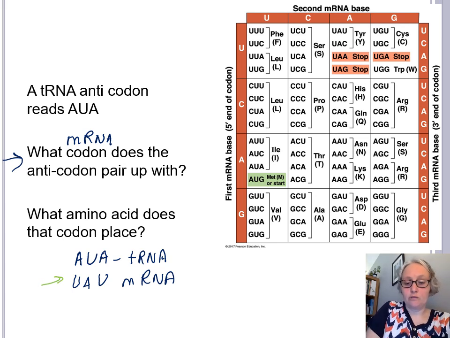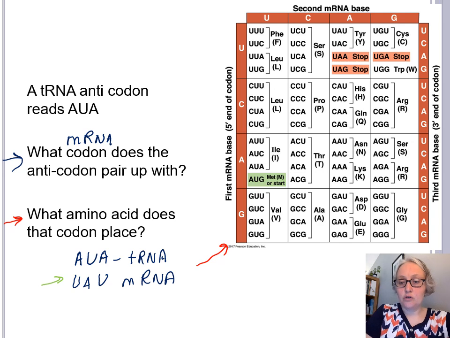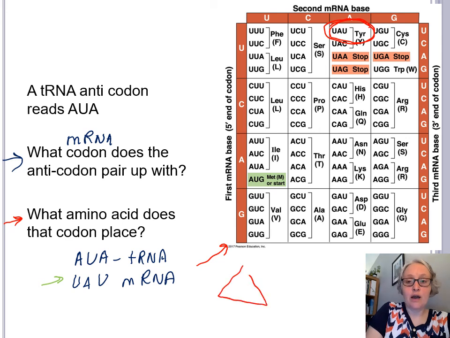Okay, next question. Down here with my red arrow. What amino acid would the codon UAU place? We can use our codon chart. Again, you don't have to memorize this. So let's look for UAU. Here it is up here at the top. The mRNA codon UAU means that we're going to put down the amino acid tyrosine.